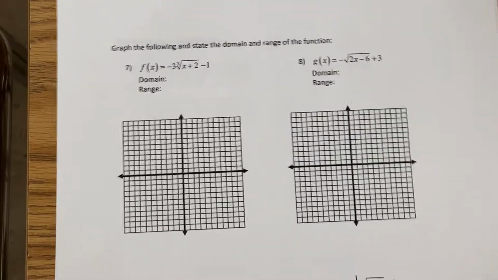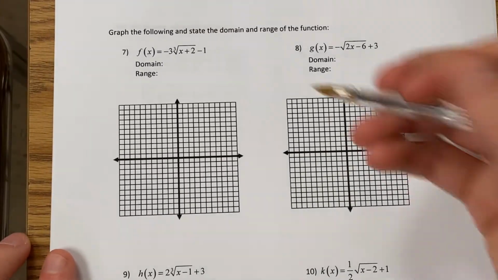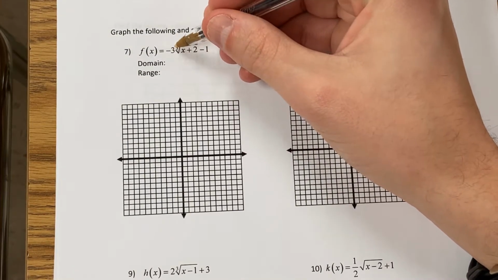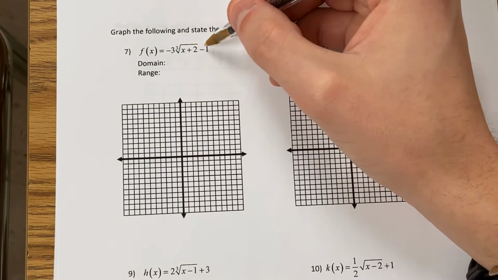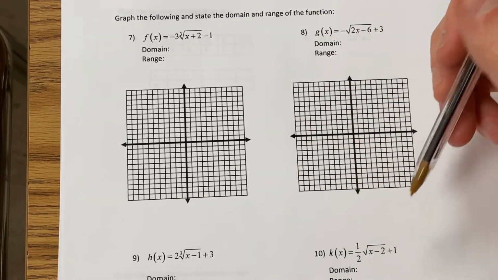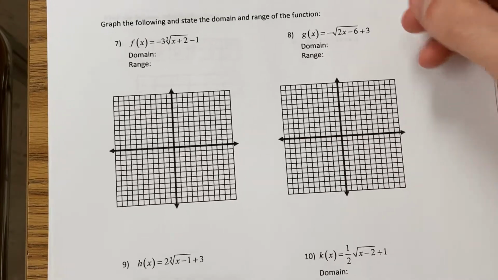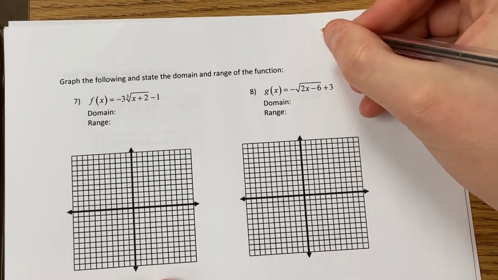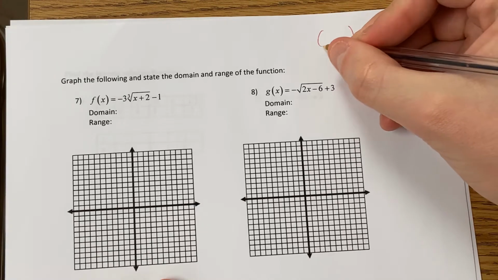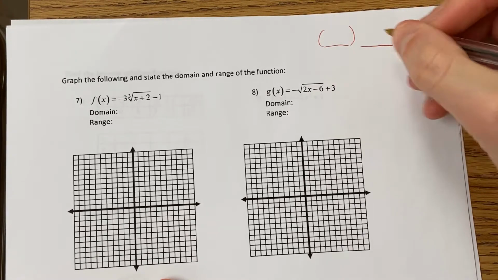So number 7, it says f of x is equal to negative 3 times the cube root of x plus 2, minus 1. This is in vertex form, and in fact, all of these are in vertex form. Vertex form looks something like this: you have something in here and something out here.